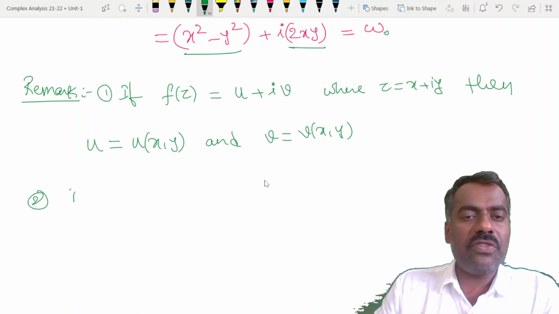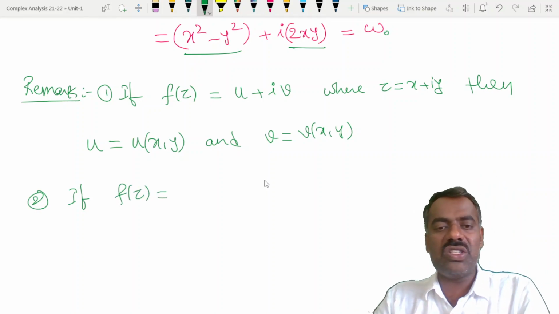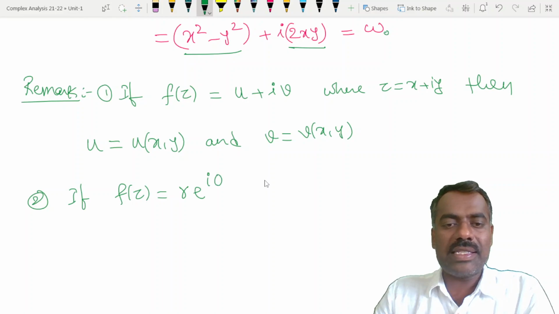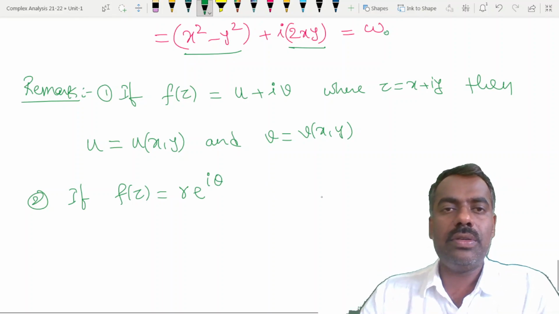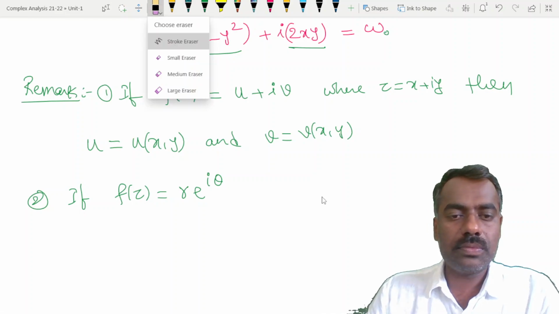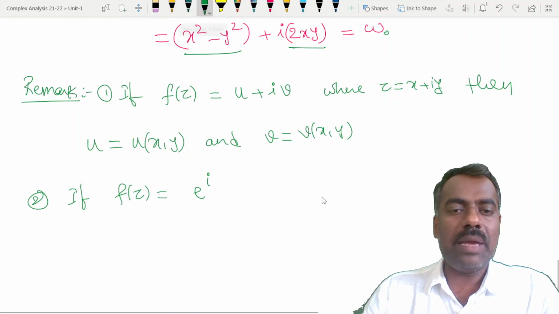Second remark, suppose f of z, because it is also a complex number, is non-zero, and you are able to write it as r times, so we will use another notation. I'm writing in polar form.